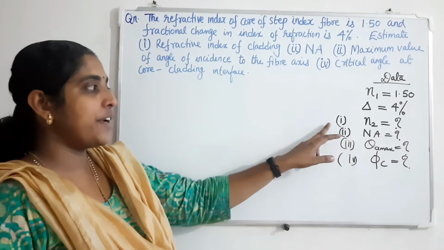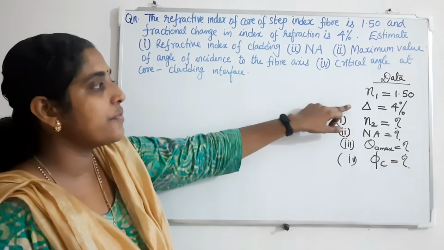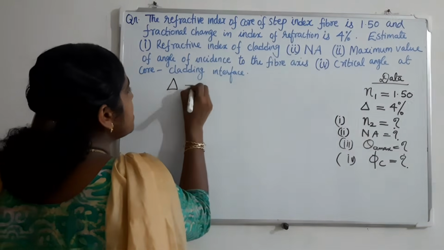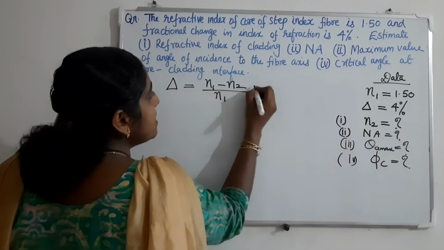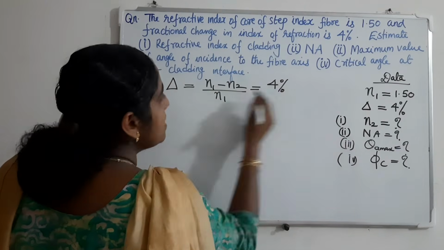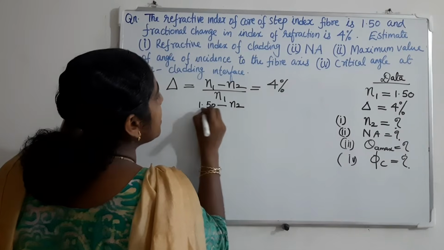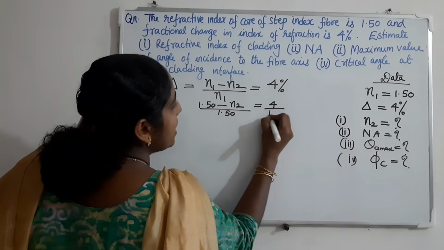So first we want to find out the refractive index of the cladding, so that we can find out from the fractional index change. Here the fractional index change is N1 minus N2 by N1, that is given as 4%. So here N1 is 1.50 minus N2 divided by 1.50 is equal to 4 divided by 100.